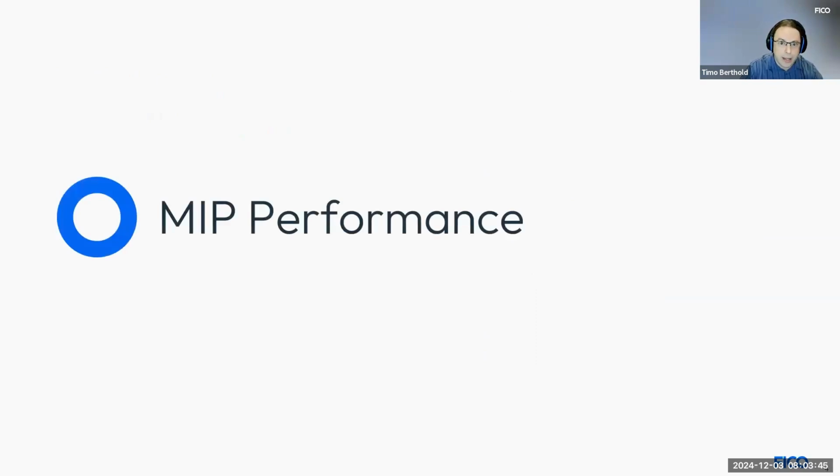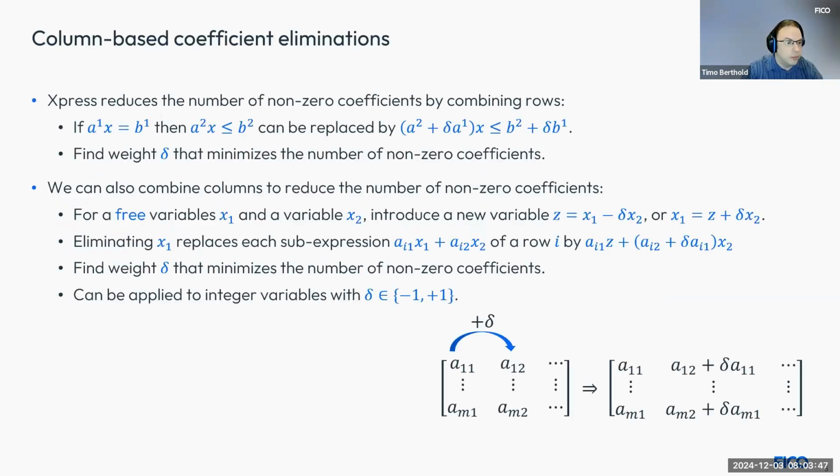So, MIP performance, let's go. In Xpress MIP presolving, we have a feature to reduce the number of non-zero coefficients during presolve to exploit equality constraints. This process involves identifying an equality row, adding it to other constraints where there is a significant overlap between the constraints.